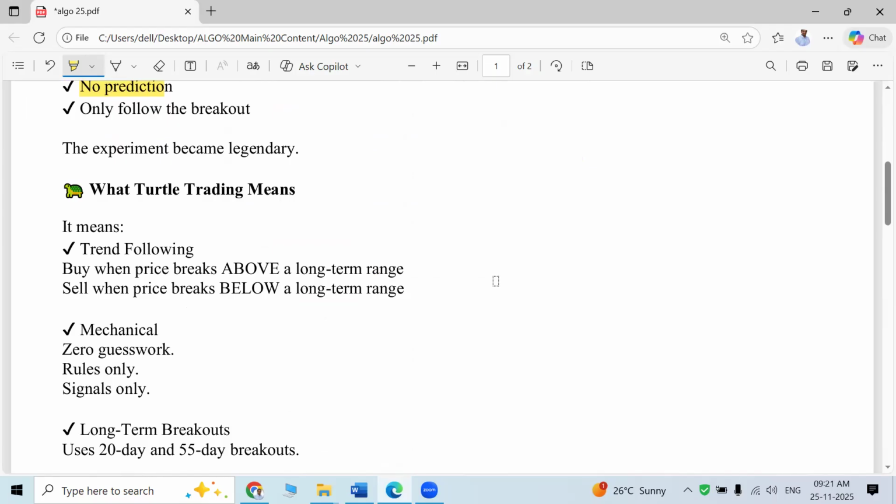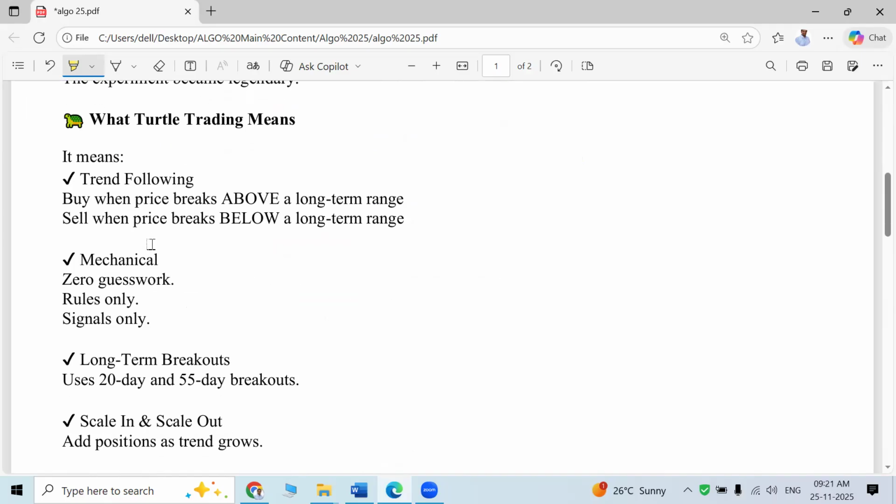In turtle trading, they basically use two kinds of ranges: one above the value, one below the value. They don't do any guesswork. That means no gambling. Rules only. If the signal comes, they trade. If the price breaks above the long-term range, then they are going to trade.